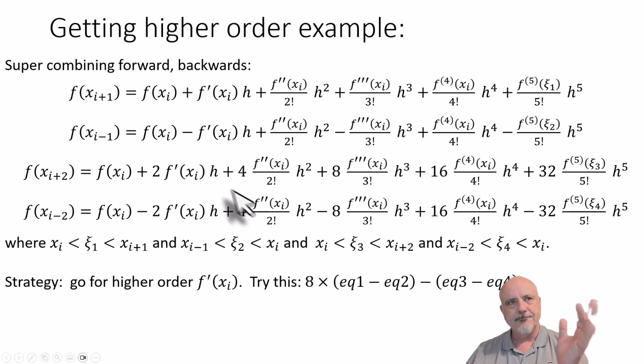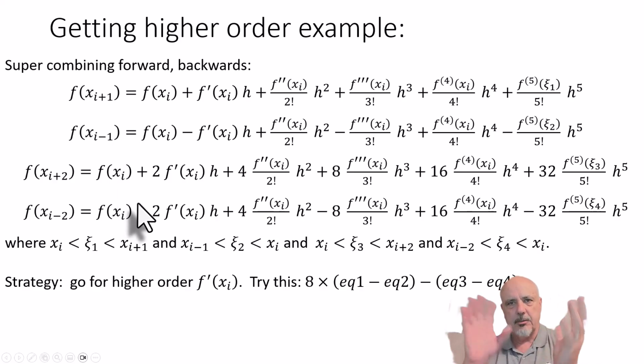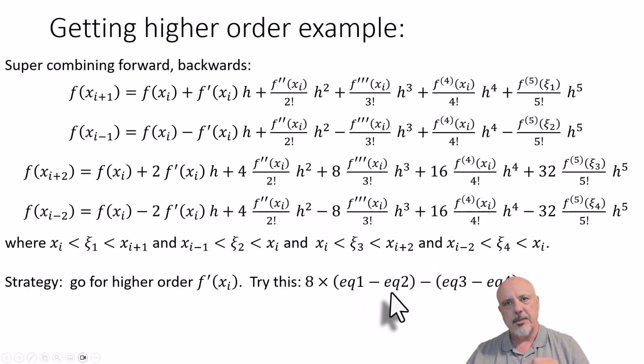To do that, I need to think about how to combine them. One way is to look at equation 1 minus equation 2, and then equation 3 minus equation 4. It's almost strategic, because if I do equation 1 minus equation 2, the first derivatives are going to combine, and the zeroth derivative, the second derivative and the fourth derivative are going to kill each other.